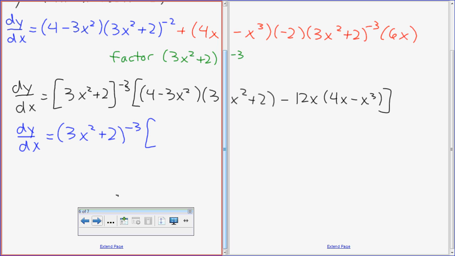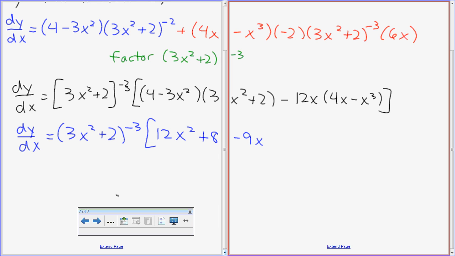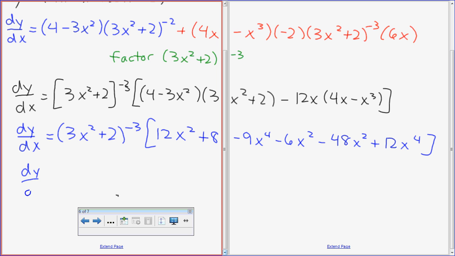Now before we're done, I'm going to FOIL all this junk out. 12x squared plus 8 minus 9x to the 4 minus 6x squared minus 48x squared plus 12x to the 4. 12 minus 9 is 3x to the 4. 12 minus 6 is 6.